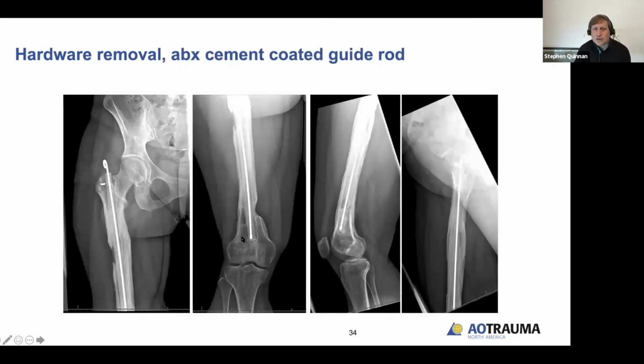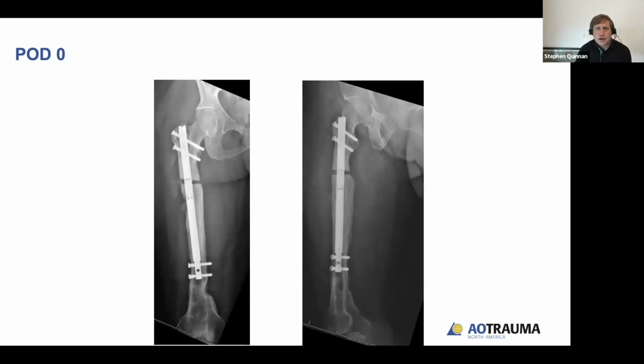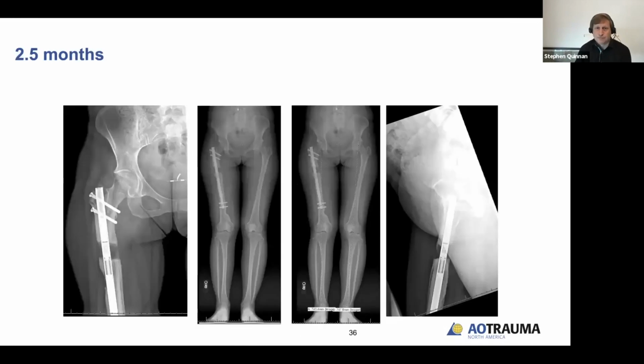So I took the nail out in the first stage, and I got cultures and some specimens that we could send to the lab to make sure that she was not infected. All of that came back negative. Her ESR-CRP remained good. So we came back, performed an osteotomy, and we used a PRECICE nail, as you see here, to ultimately equalize her leg lengths.